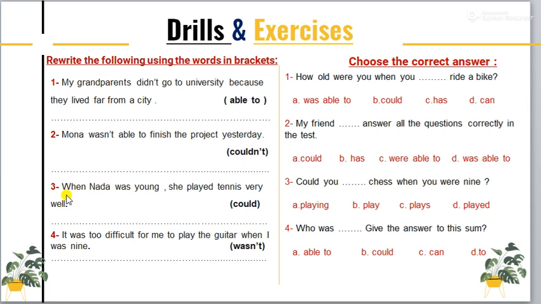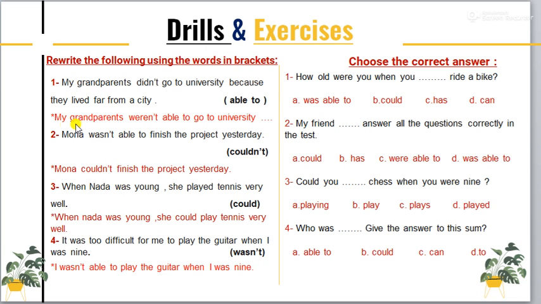Number 3, when Nada was young, she played tennis very well. Use could. Number 4, it was too difficult for me to play the guitar when I was 9. Use wasn't. You can pause or stop the video and think about the answer, then come back to check it.